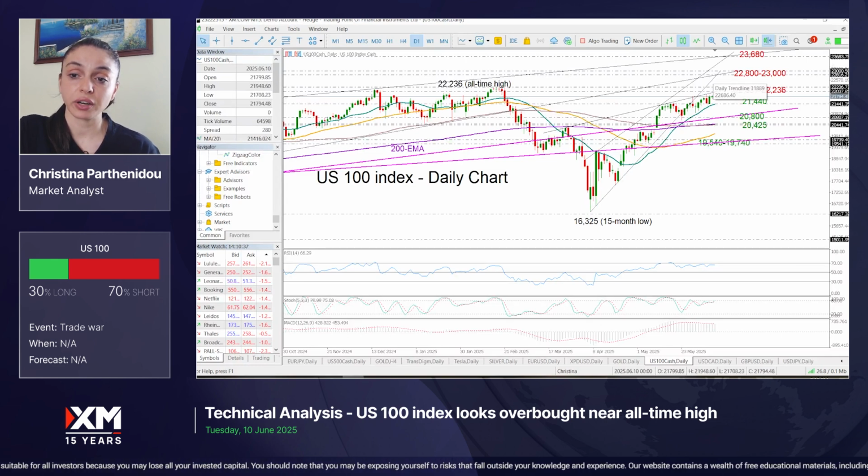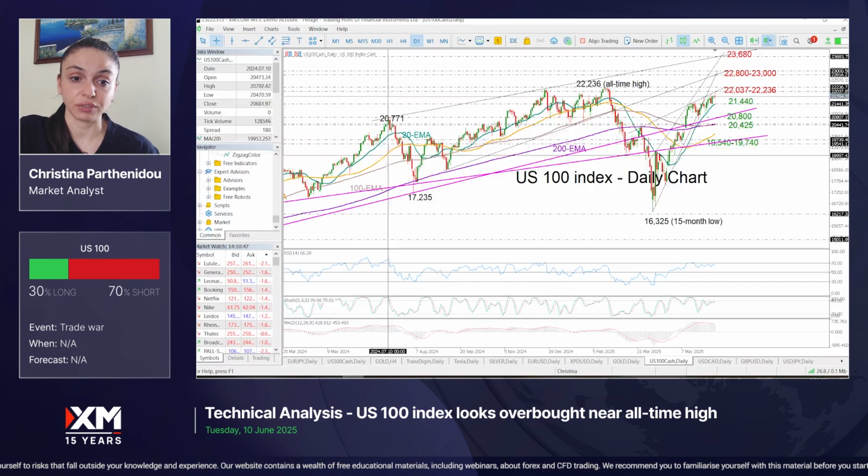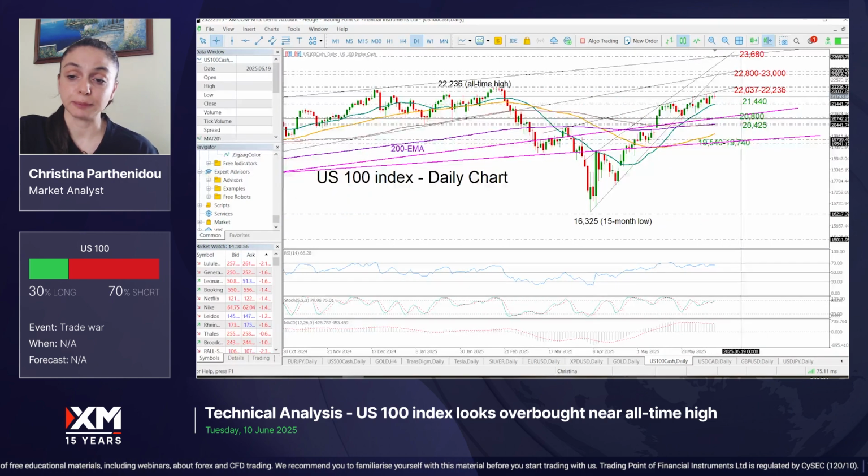There are a couple of key constraining lines here, and then above that, the rally could stretch as high as 23,680. That's where this tentative resistance line that connects the highs from July 2024 and December 2024 is located.